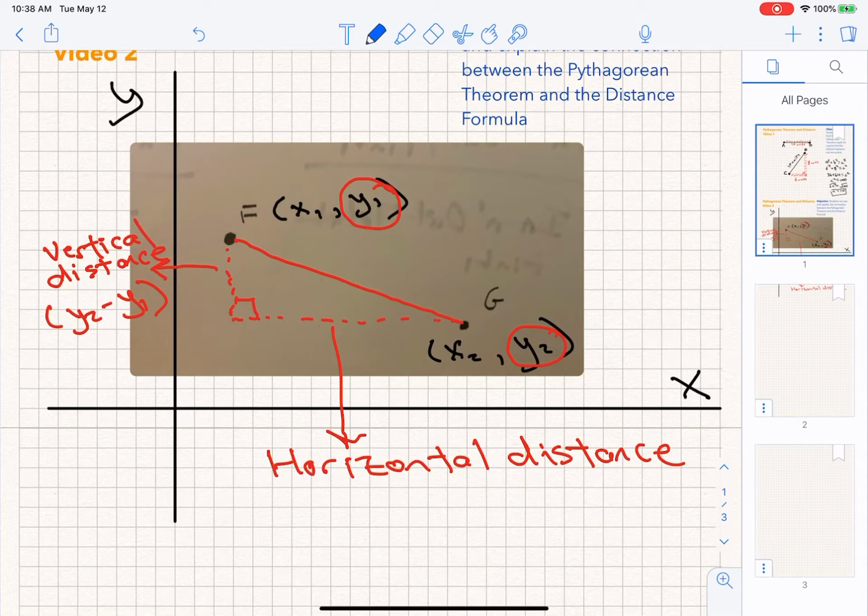We don't know exactly what it is, but we do know that we go from this point here out along the x-axis, x2, back to this point, x1. And so that's going to be x2 minus x1.